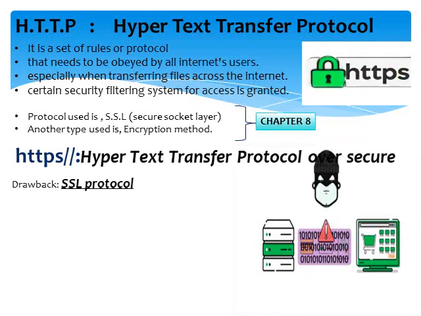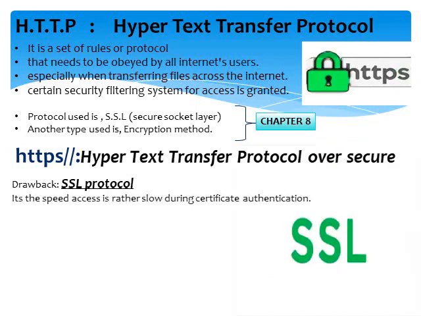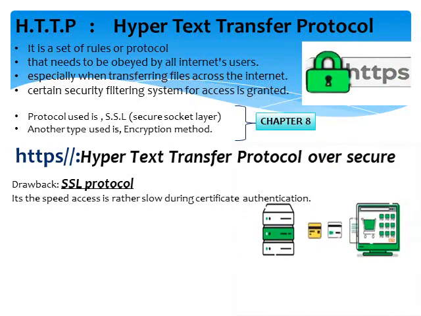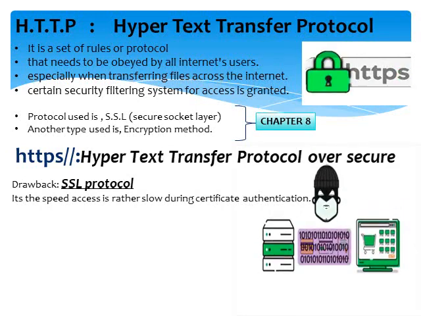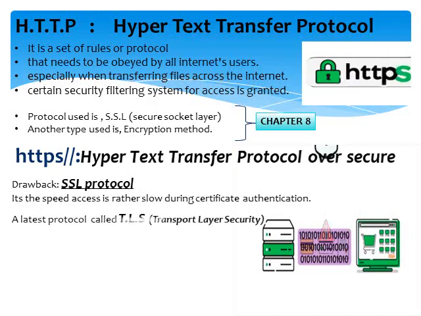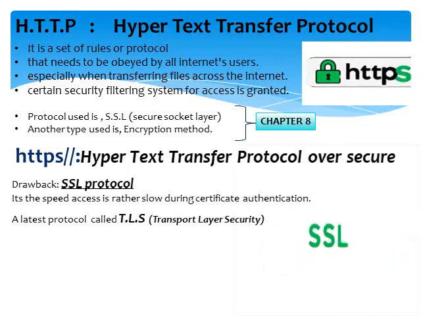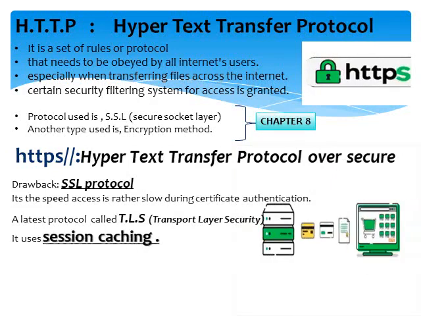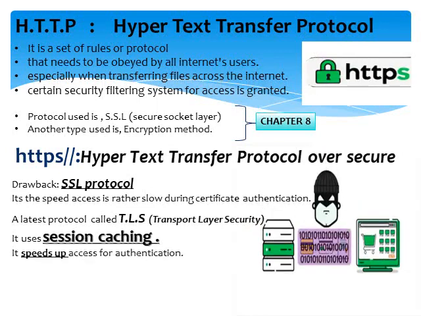The problem of the SSL protocol is that the speed of access is rather slow. It involves the procedure of certificate authentication. However, there is a latest protocol introduced, and widely used nowadays. It is called TLS. It uses the feature of session caching, which speeds up Internet access through an instant authentication procedure.